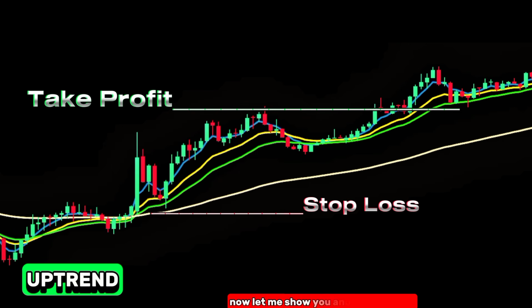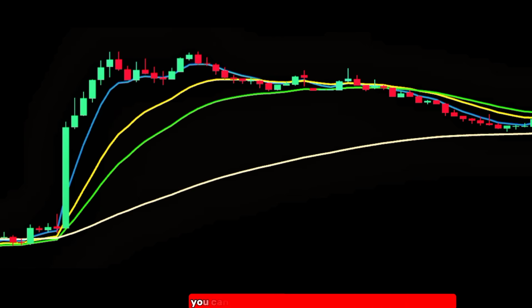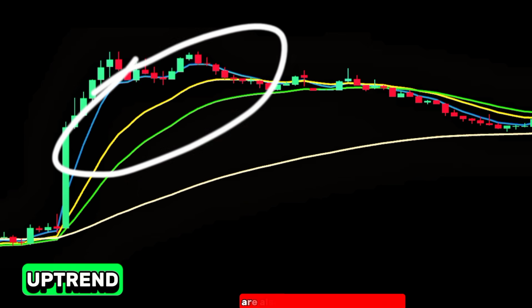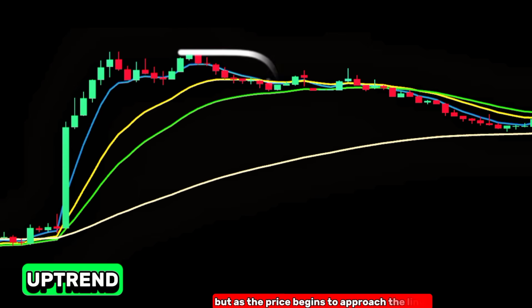Now, let me show you another example where a trade did not work out, and the reason. Here you can see that the market was moving in an uptrend, which was represented by this white line moving below the other lines. And above the line, you can see that all these lines are also flowing together in unity. But as the price begins to approach the lines, something strange began to happen.